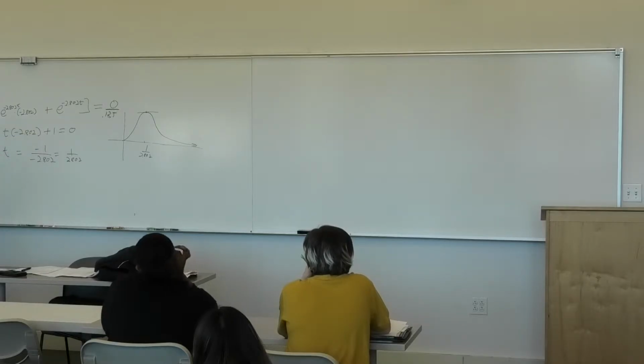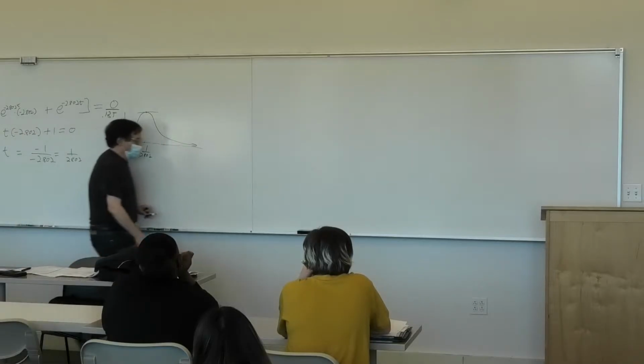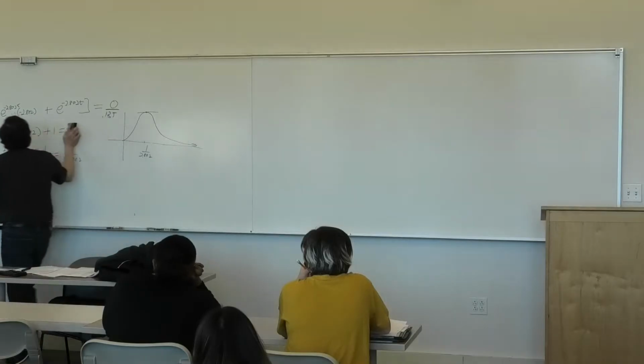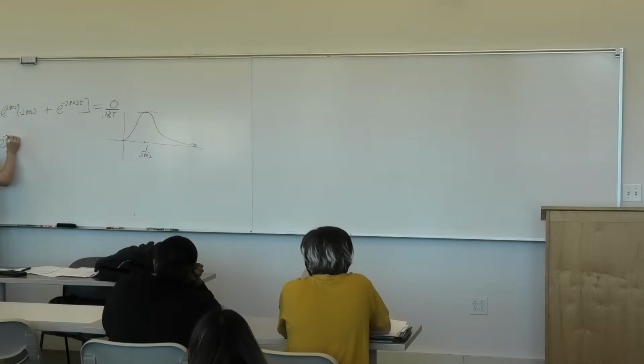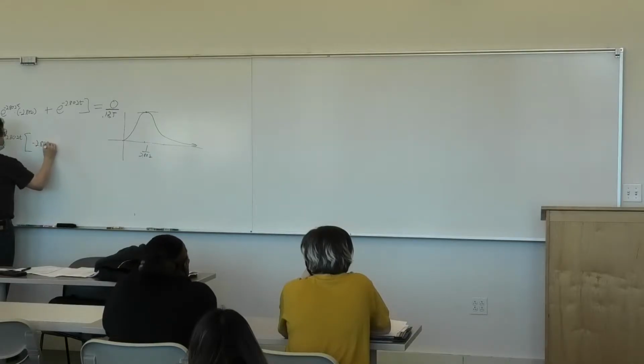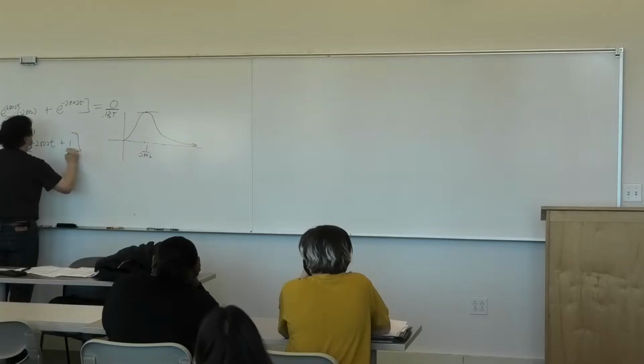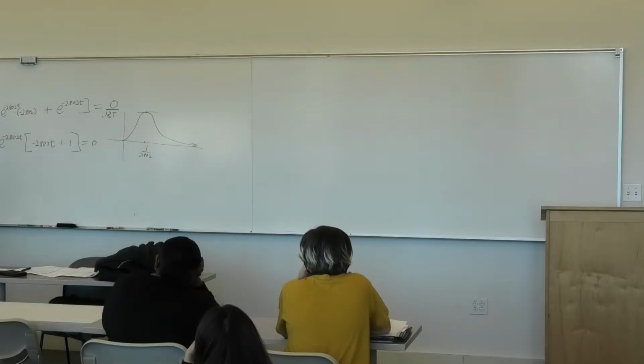Divide it out, what do you mean? Okay. I skipped a step. 0.135 e to the minus 2.802t times negative 2.802t plus 1 equals 0. Is that okay? I'm factoring out e to the negative 2.802t. Okay?